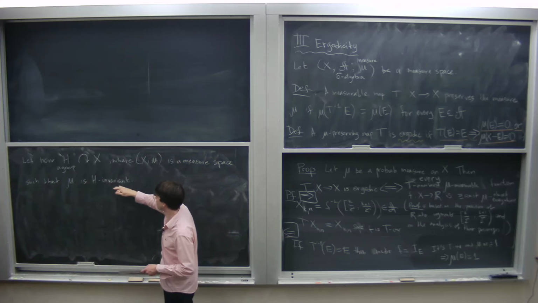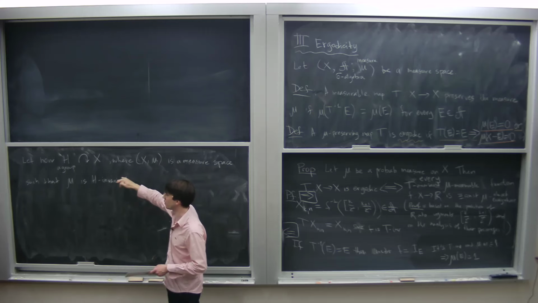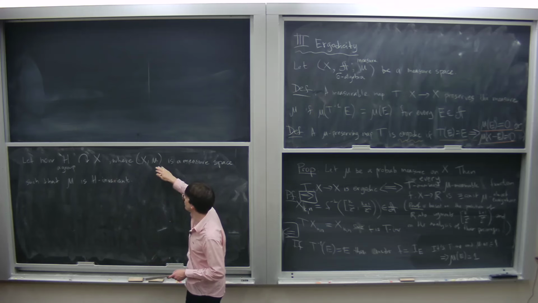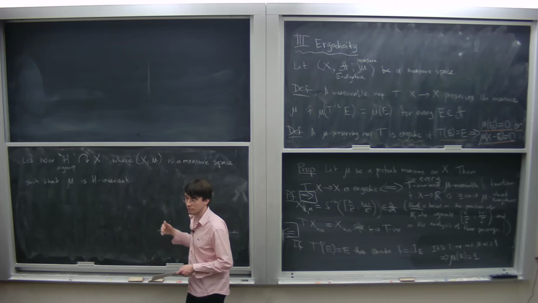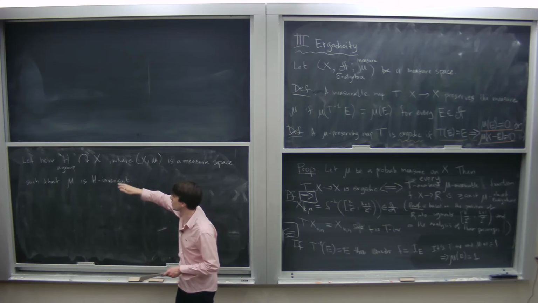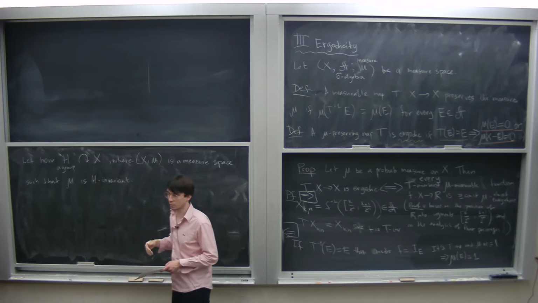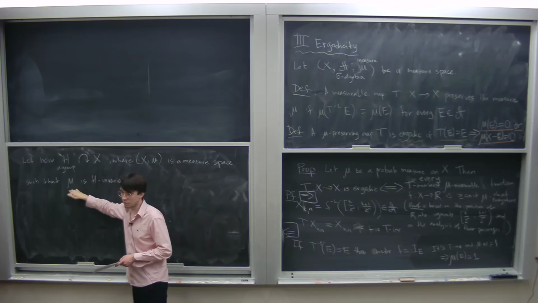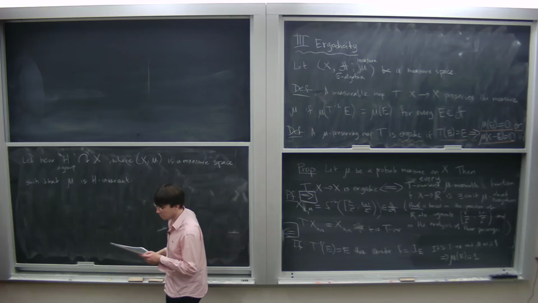It is quite simple to find plenty of examples which fall under this description. For instance, if you have a Lebesgue measure and the full isometry group acting on the space X by isometries, you definitely get a measure which is invariant under your isometries.